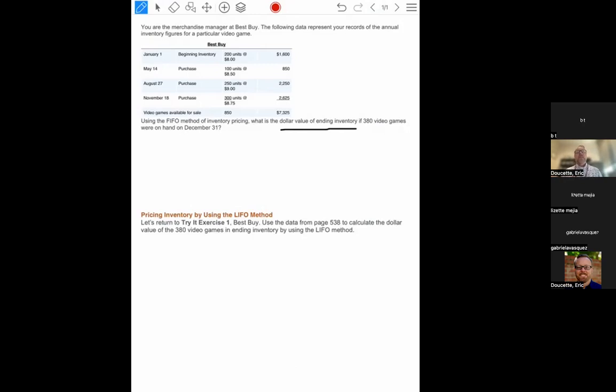So the items that sold first, that had been in there the longest because they were there first, are the ones that were there on January 1st, and some of the ones that were there on May 14th, and maybe even some of the ones that are there on August 27th. What remains in my inventory then is what was put in last. So those for November 18th and probably even some from August 27th.